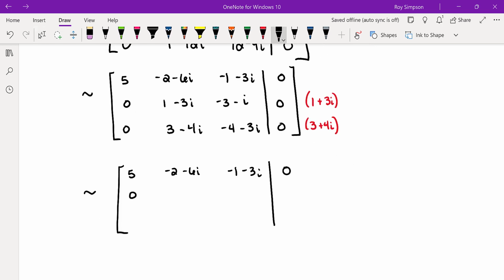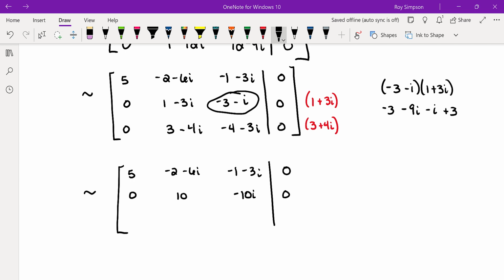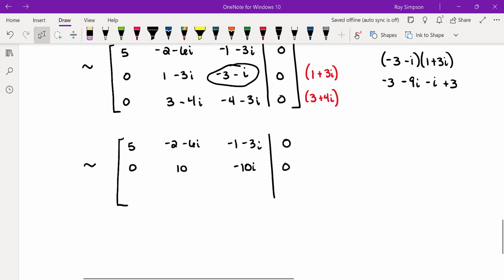So this first entry times its conjugate will be 1 plus 9, or 10. The next entry times that 1 plus 3i, I'm going to do off to the side. That's kind of nice. It comes out to be a -10i, which is very attractive. In fact, I'm going to divide that entire row by 10 right now. All right, let's deal with the third row.